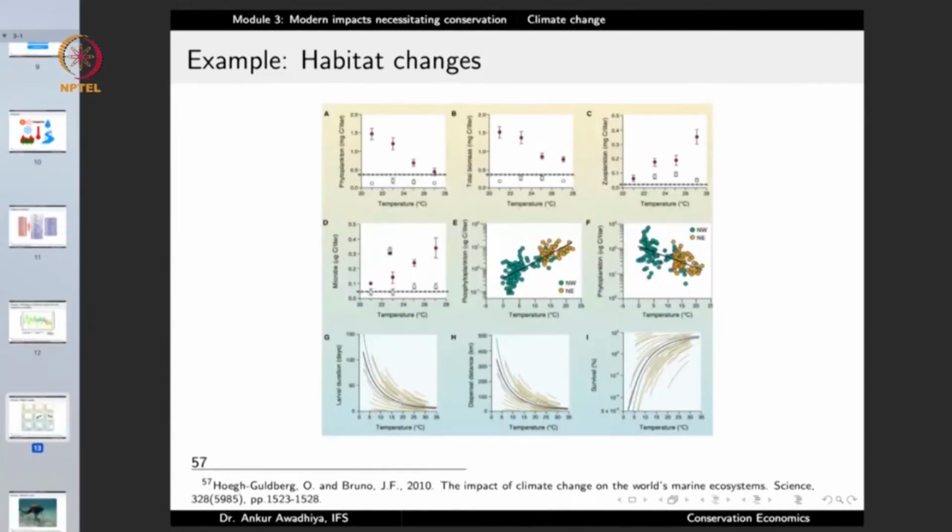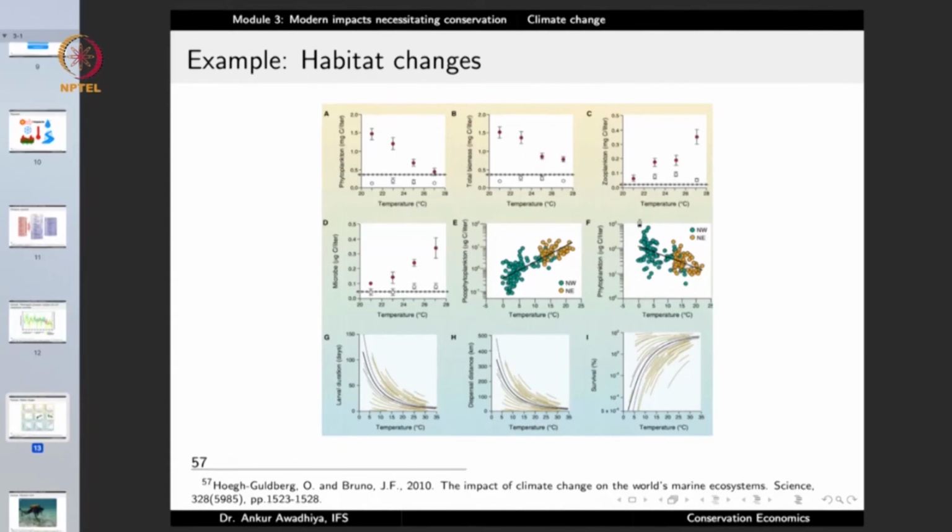And this is also manifesting in terms of, say, the amount of phytoplankton that is there in water. So with increased temperature, the amount of phytoplankton in water is going down, which will have an impact on the amount of productivity in this aquatic ecosystem. We are seeing that the total biomass is going down as temperature increases.